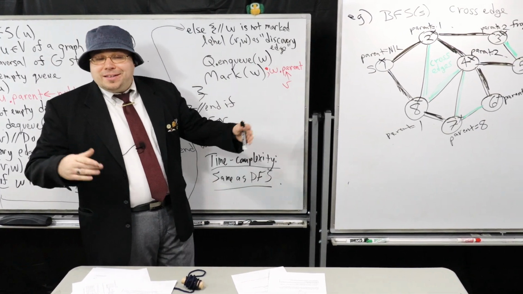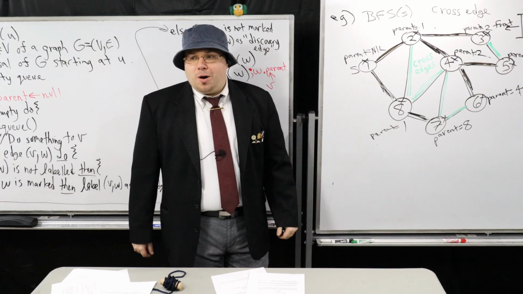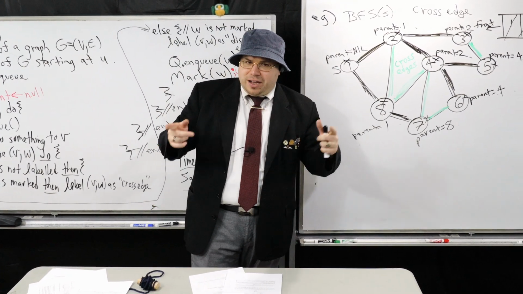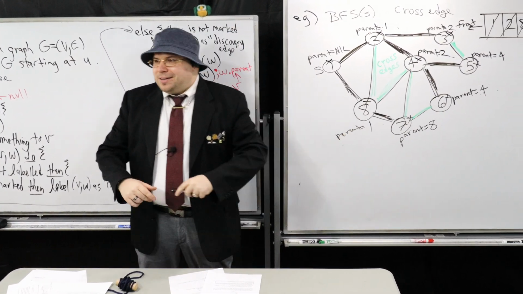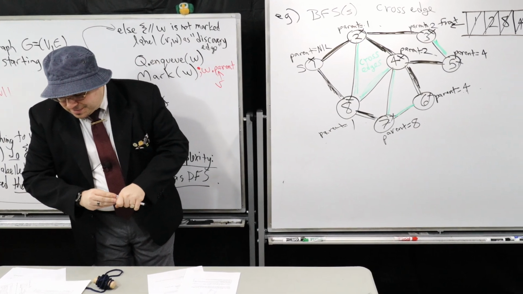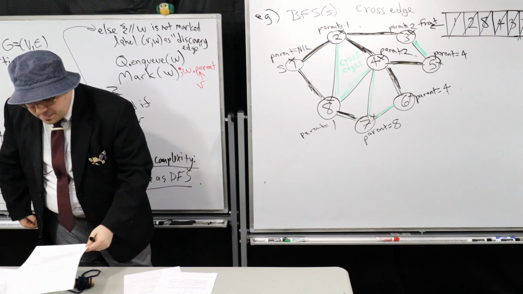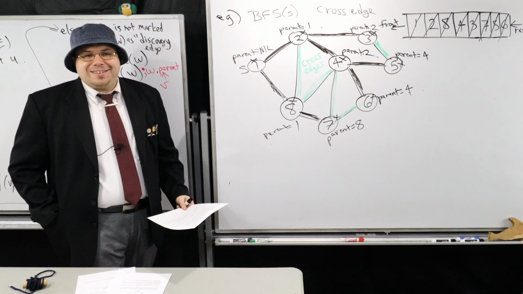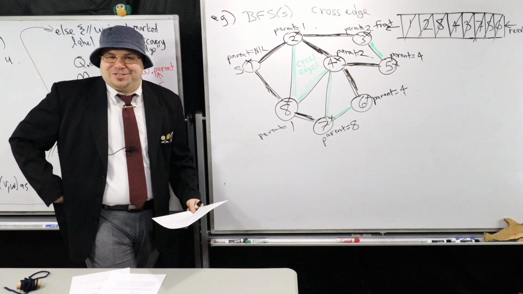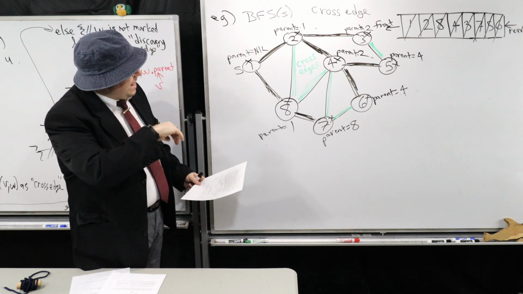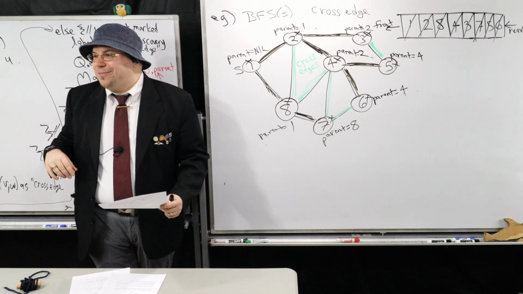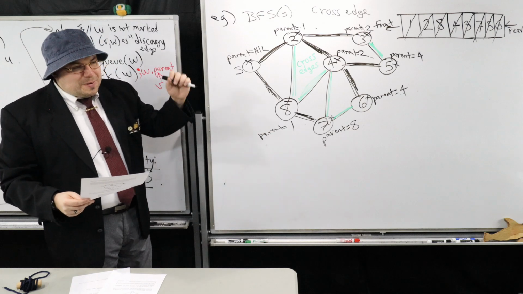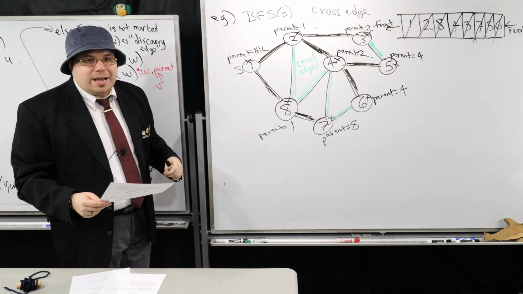You might want to know why you would care about why we call one a cross edge and the other one a back edge. So I've got to address this. There's actually something very interesting going on with those black edges I have over there versus the green ones. So first, before anything, I should acknowledge what a back edge is.